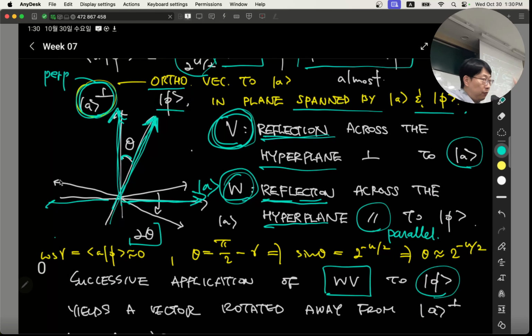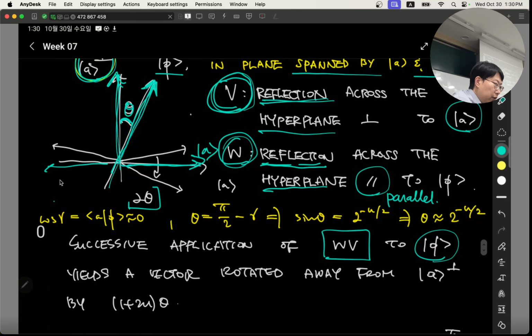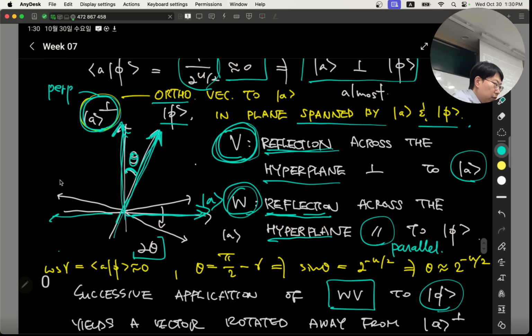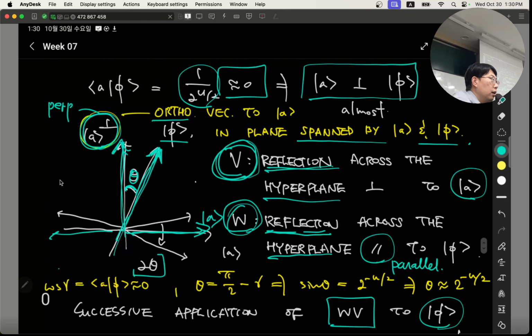So this V and A perp is the axis that we're going to interpret V and W as a reflection. So we're trying to measure this. Okay, so how much is this?